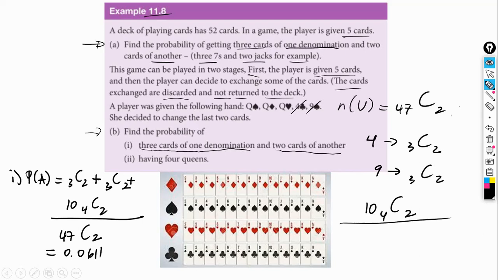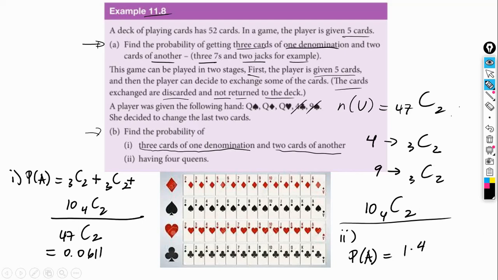For part 2, they ask, what is the probability of having 4 queens? The probability of this other event is going to be, since there's only 1 queen, we only have one way of picking that queen, and then if we pick 1 queen, there are going to be 46 different cards left, right?